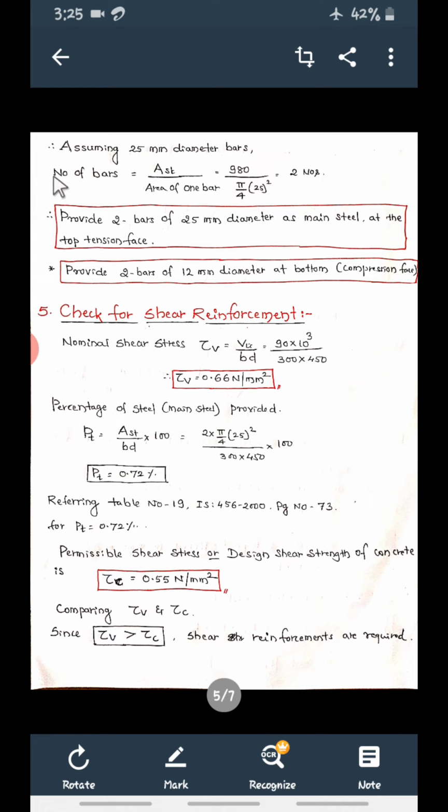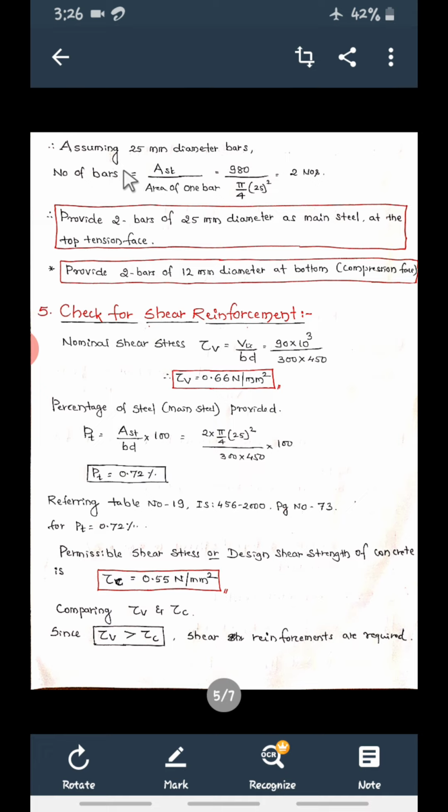Okay, and we want the number of bars. So how to calculate number of bars? For this total Ast we have to assume the area of one bar. So assuming 25 mm diameter bar. It is not necessary that I am assuming 25. You can assume 16 mm diameter bar, 18 mm, 20 mm, 22 mm diameter bar, like that.